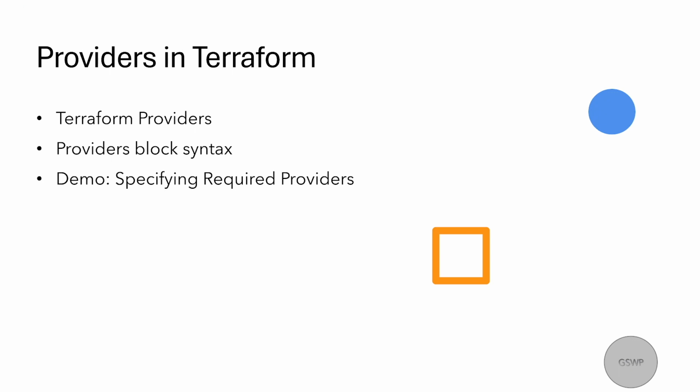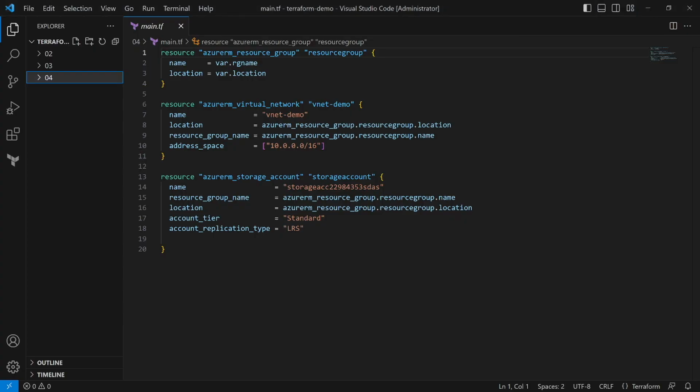So let me just open my demo in VS Code. Okay, so we are here. I have done some small formatting here. Earlier I created everything in module 3, so I have made some small changes in the main.tf.